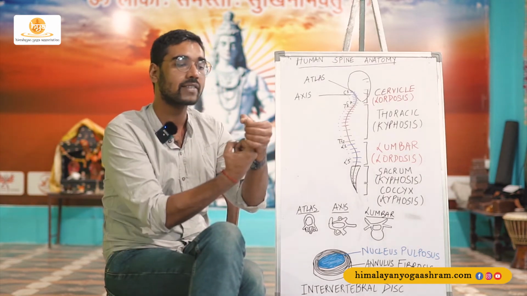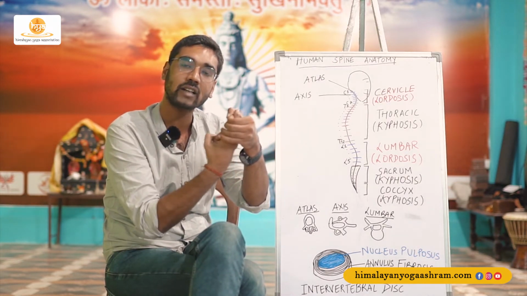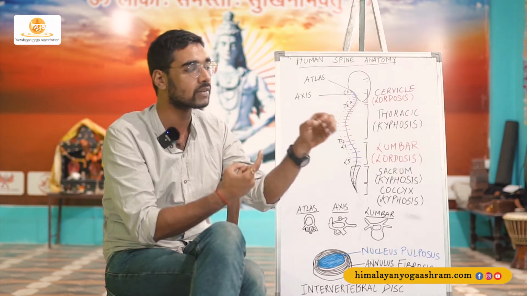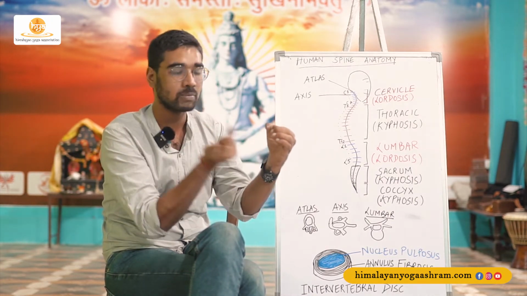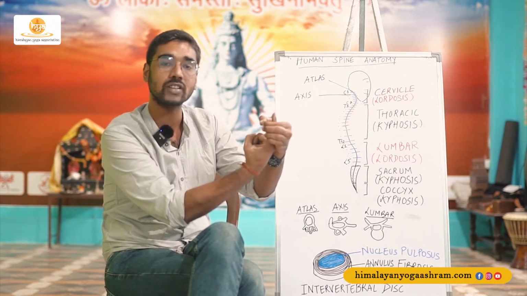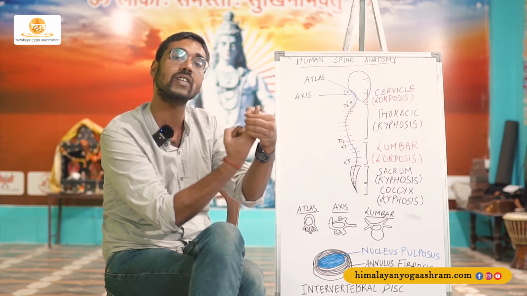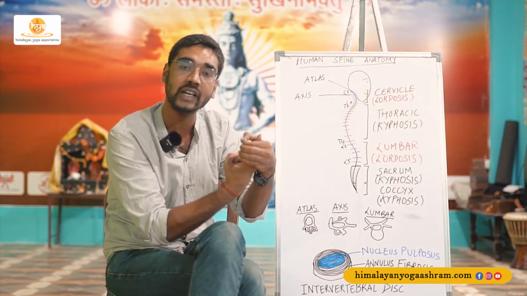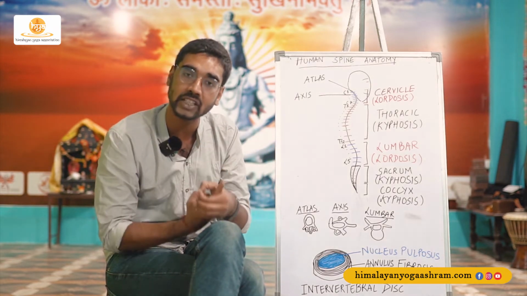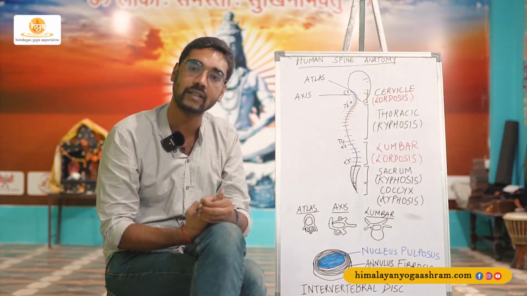Through this single knob, imagine this is the axis bone and this is the atlas bone, it fits perfectly right here, and through this it's able to lock into the entire head, because the atlas is the connection between the skull and the axis.